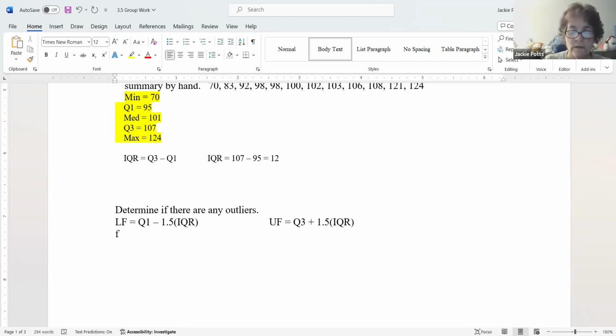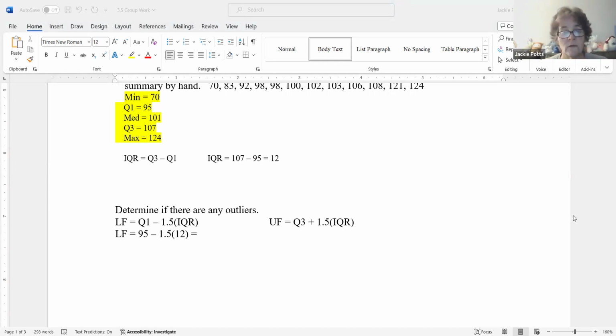So lower fence. Q1 was 95. And handy dandy calculator. I wish you guys could see it when I pop this up. So basically we get 95 minus 18.